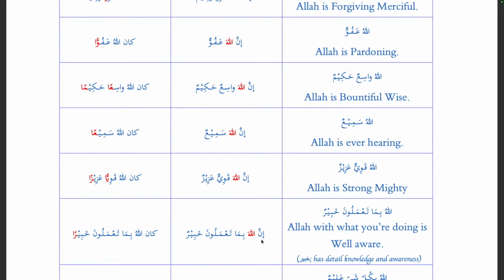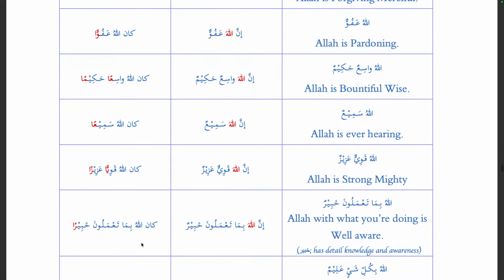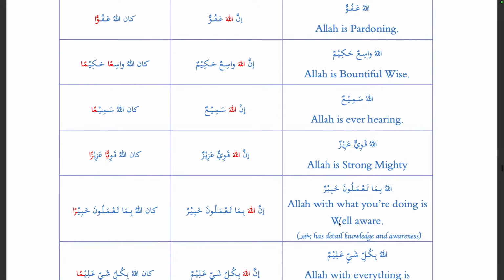If you say inna Allaha bima ta'maluna khabir. You put kana Allahu bima ta'maluna khabira. And if you check the verses where there is inna, khabir is dhamma. Where there is kana, khabir is fathatain. Right? Khabir means has detailed knowledge and awareness.